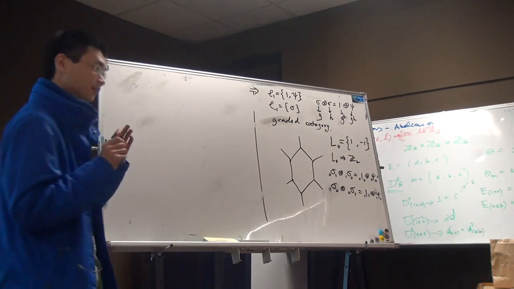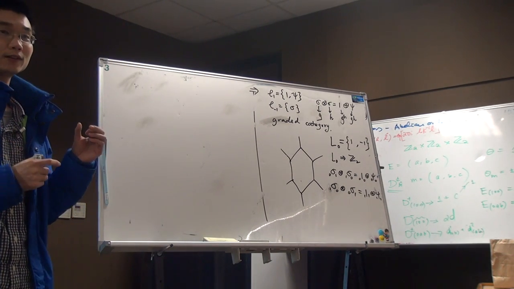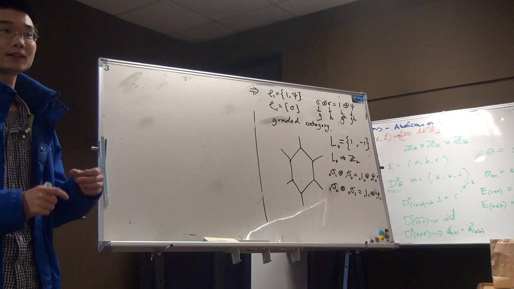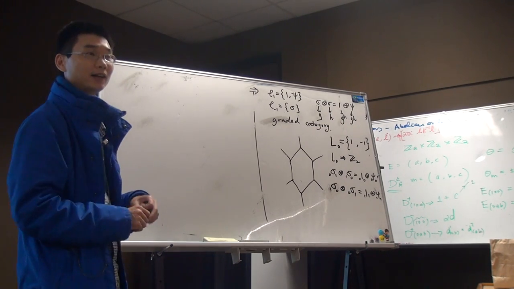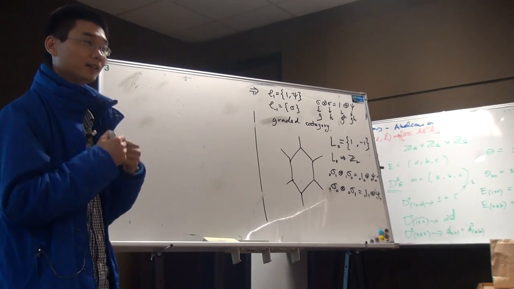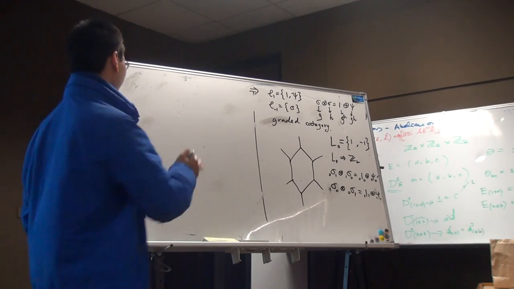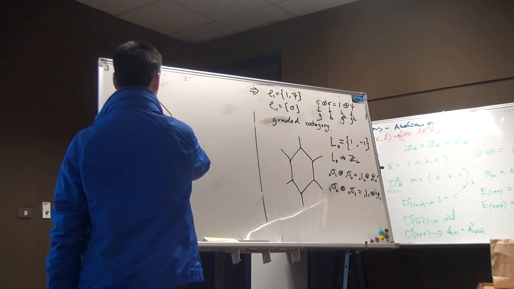And how does this finite group and the original category enter the model, and how do they interplay with each other? So I want to talk about this right now.